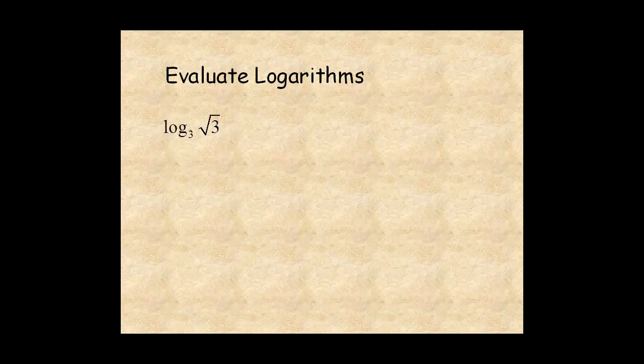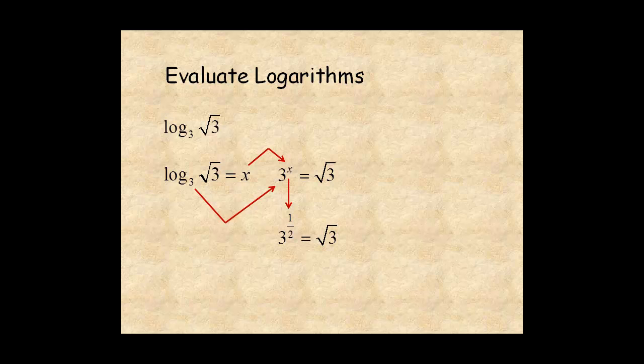For log base 3 of radical 3, set the log equal to x, and write the exponential form 3 to the x equals radical 3. Then ask yourself, how do you raise 3 to a power and get radical 3? You have to remember about rational exponents. 3 to the 1/2 is equal to radical 3, and the exponent, or log, is equal to 1/2.